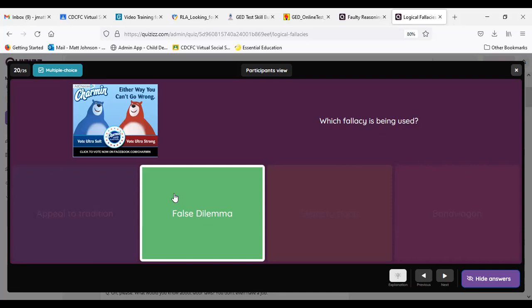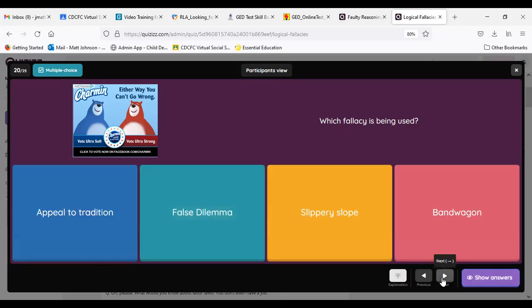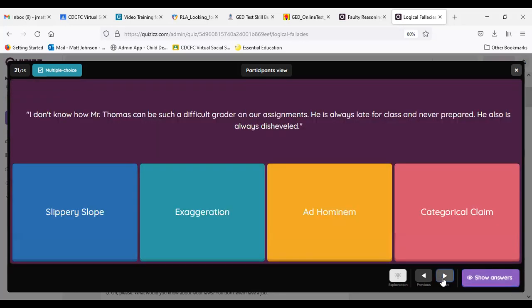But if it's a false dilemma, it means there are other choices that you are not presenting them with. So I hope that clarifies a little bit. All right, moving along. Christiana, take a look here.